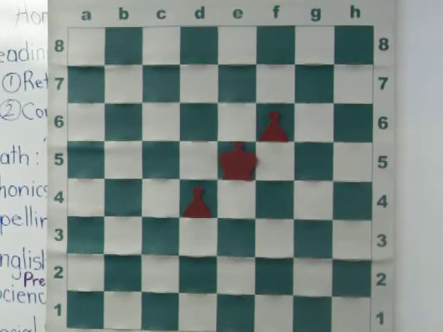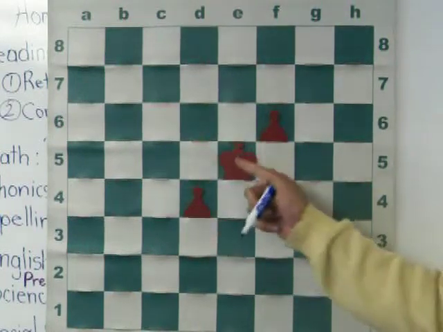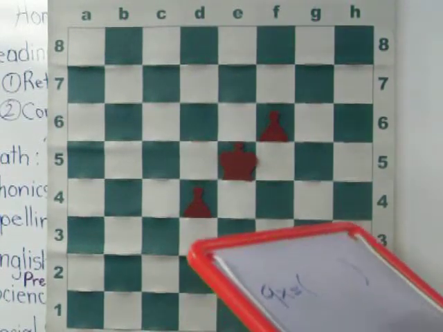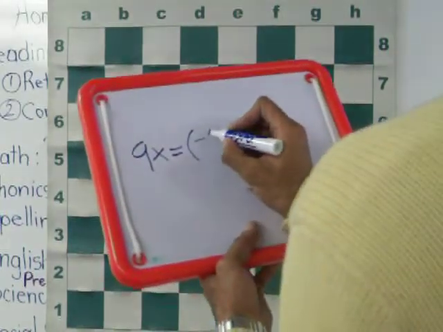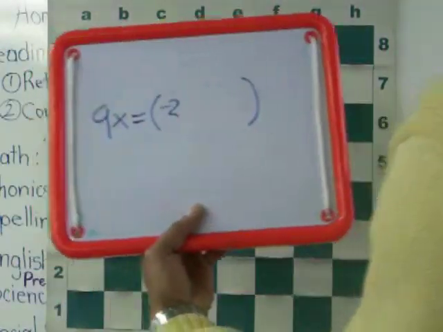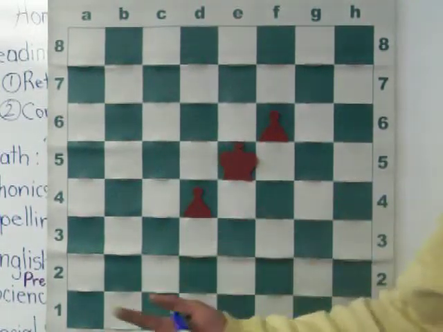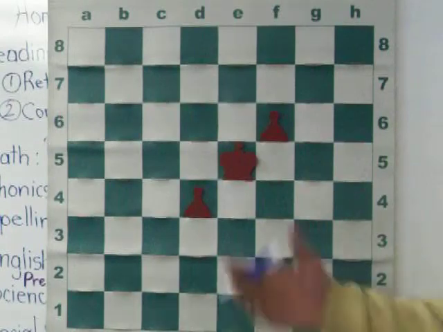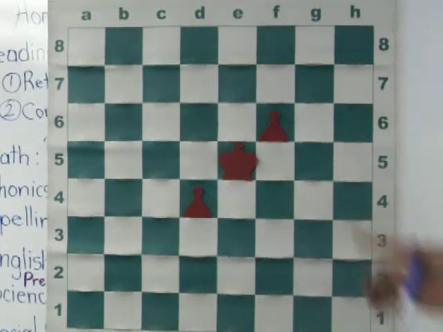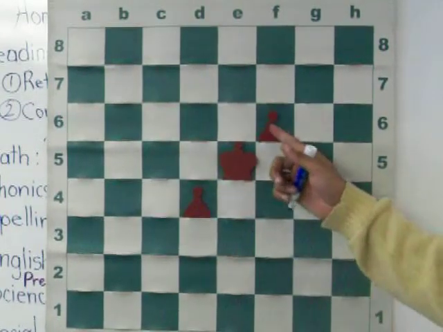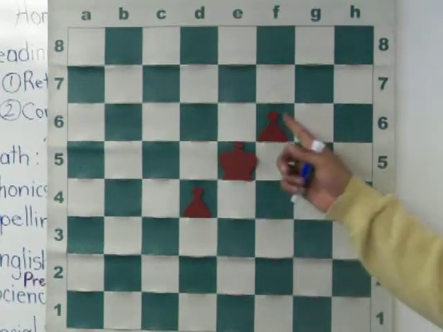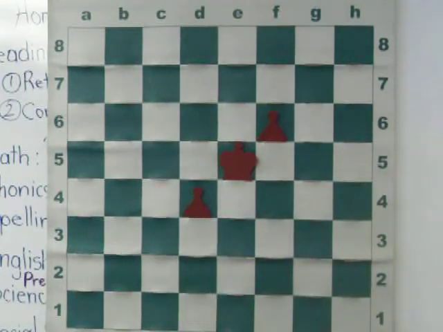They are taking away from the number of squares that the king can move to. So, of course, we would represent that with a -2. Makes all the sense in the world, doesn't it? Because we have just taken away 2 squares. Now the concept of negative numbers becomes tangible to a child. Oh, I see how that works. Even though I added pieces to the board, I am taking away.